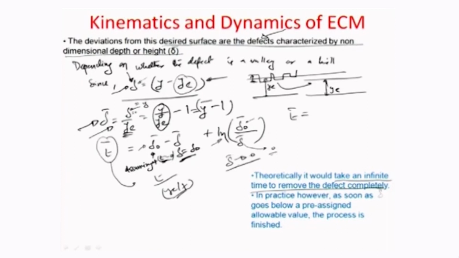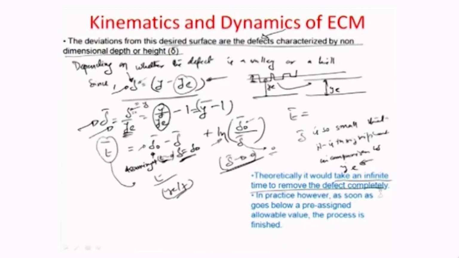So theoretically it should take almost an infinite time for the delta dash to completely go to 0, okay, which may not be possible, but practically you just have to wait for a value where this delta dash is so small that it is insignificant in comparison to maybe the equilibrium gap ye, okay.